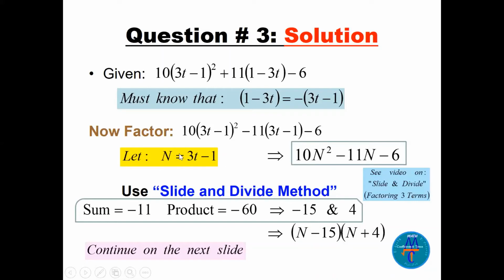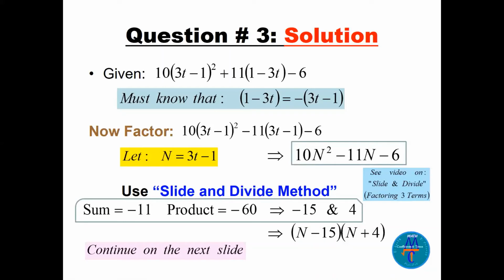I take 3t minus 1, all of it, as n. This is easier now, you see? Now we have to use slide and divide. You can see the video on slide and divide, factoring 3 terms. This is in lecture number 11, algebra course.